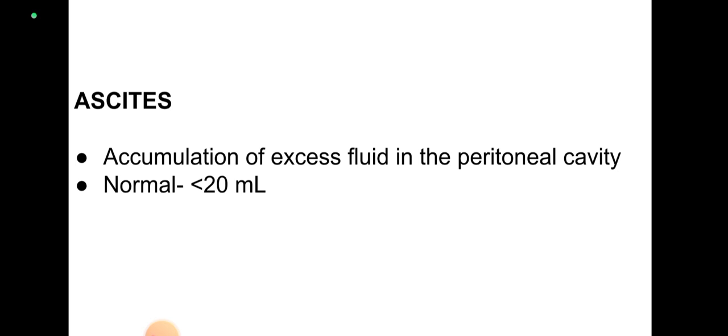Next topic is ascites. Ascites is the accumulation of excess fluid in the peritoneal cavity. Normal fluid volume in the peritoneal cavity is less than 20 ml.